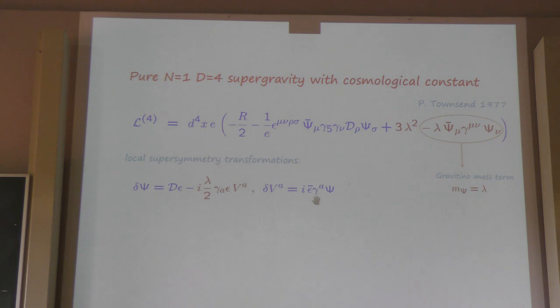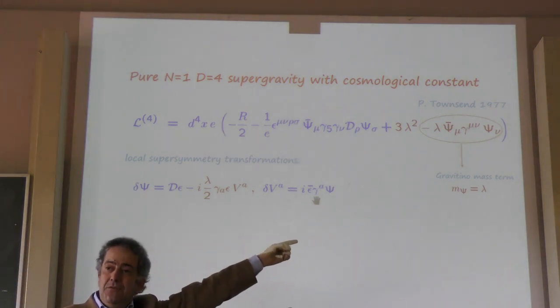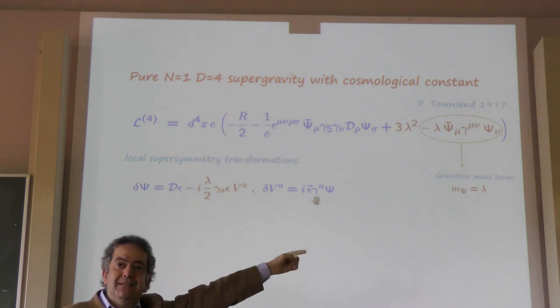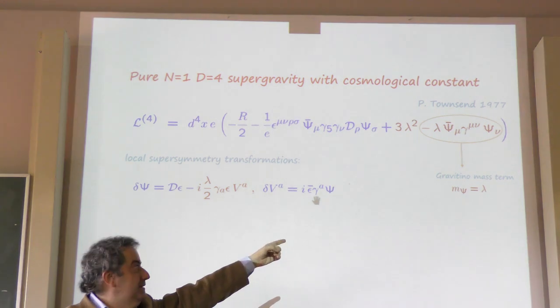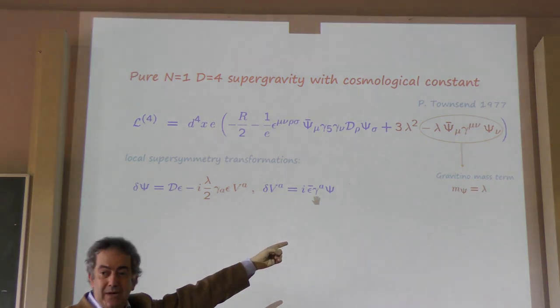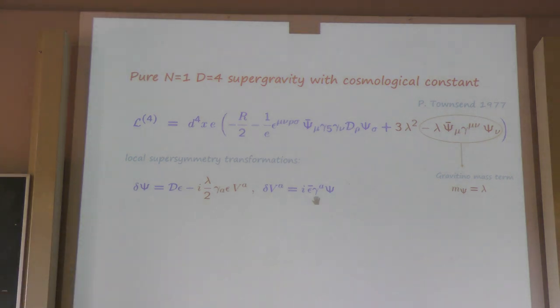However, as I will show, the vacuum is not flat spacetime. It's anti-de Sitter spacetime. And masses of the fermion fields in anti-de Sitter are shifted with respect to the masses in flat spacetime by a term depending on the cosmological constant. So although it seems that the gravitino is massive from the Poincaré point of view, in anti-de Sitter it is massless. This is precisely the value that the gravitino mass must have in Poincaré in order to be massless in anti-de Sitter.